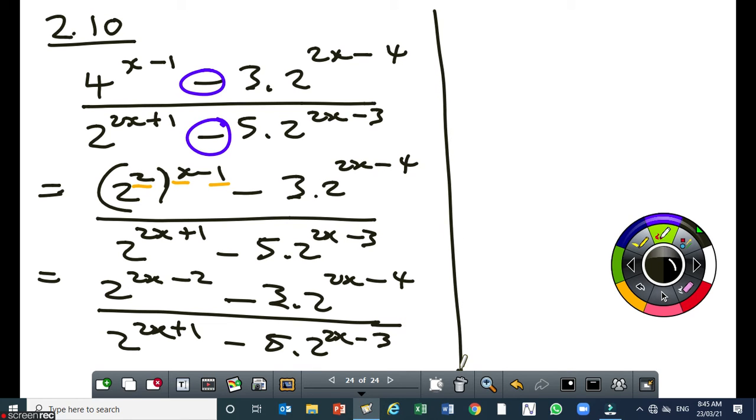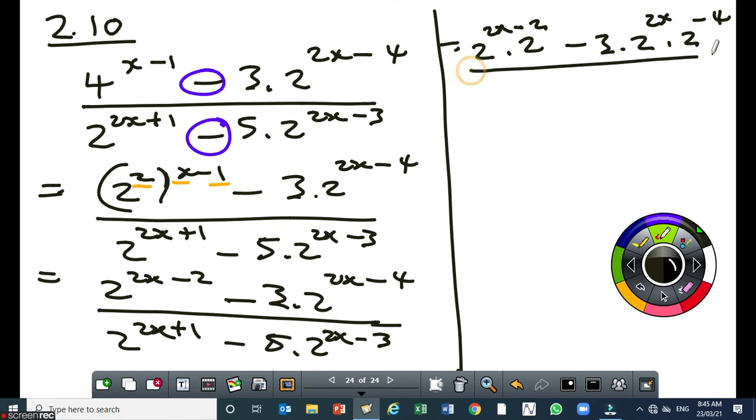So this 2 to the power of 2x minus 2, I'm going to write it as 2 to the power of 2x times 2 to the power of, sorry, it's a minus there, so that would be minus 2. Minus 3 times 2 to the power of 2x times 2 to the power of minus 4, all over.